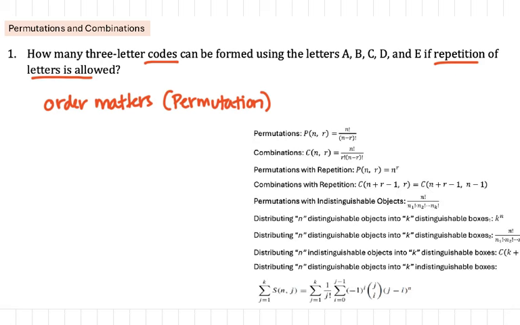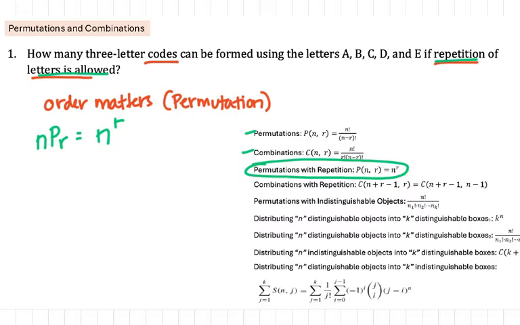One other thing is that repetition is allowed. So we've already in those previous slides done permutations, combinations, but now it's a permutation and repetition is allowed. So we're going to use this formula, nPr, but in this case it just is n to the power r.